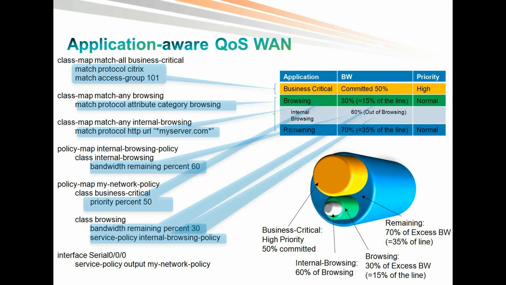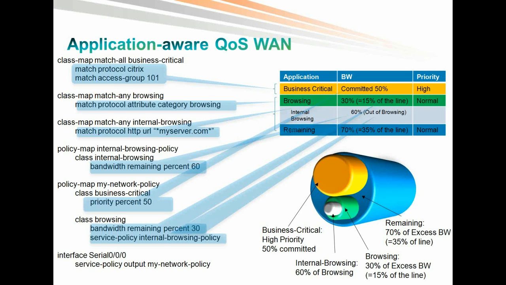So what you could do is use an application like ManageEngine to take a look at the HTTP flows, figure out which ones are most used, which ones are business critical, come back to the WAN policy and specify, for instance, under my network policy, you have a class of browsing. You allocate a certain amount of bandwidth for that group, because if you notice, class browsing calls out a category for browsing. So every type of browsing traffic going through that box is tied to that.